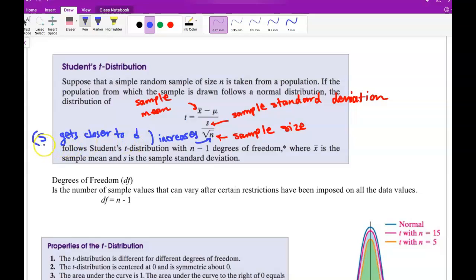So this S was the sample standard deviation, and this one was the population standard deviation.